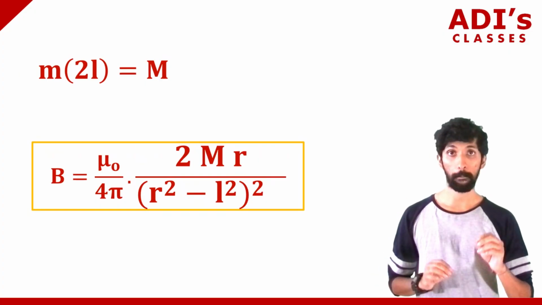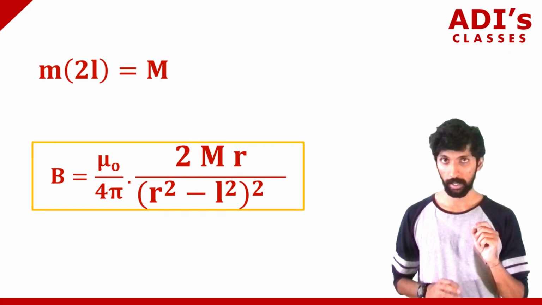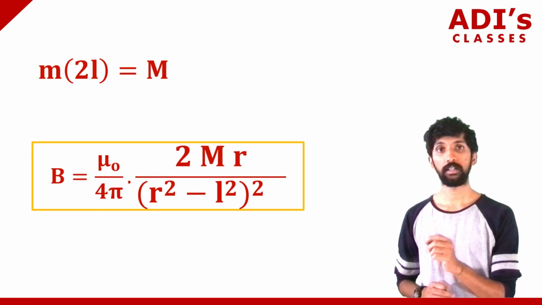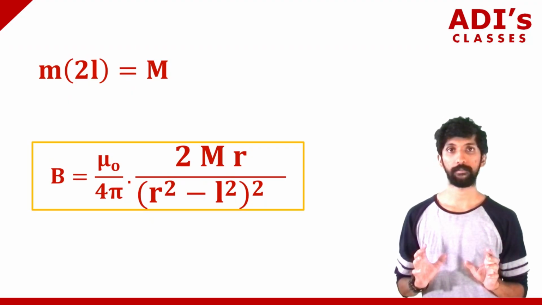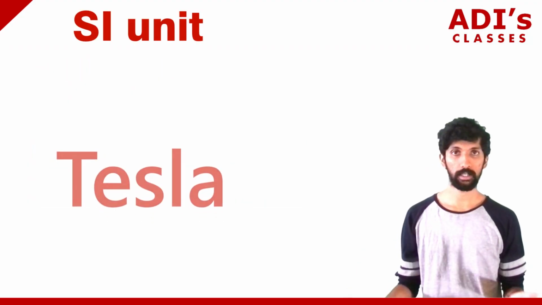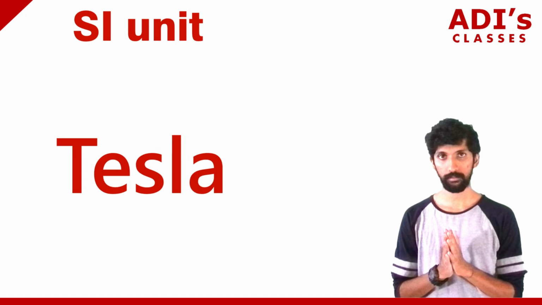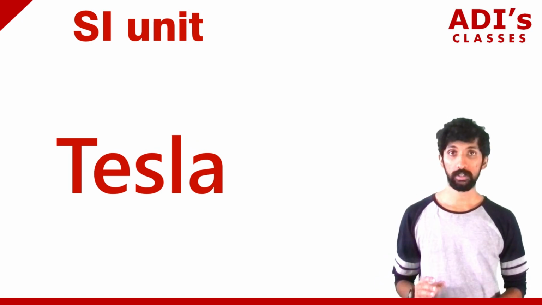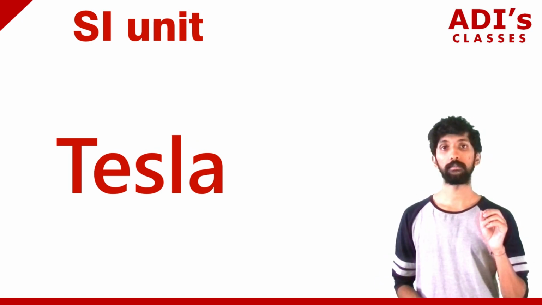This is the magnitude of the magnetic field at a point on the axial line of a magnet. Obviously the SI unit is Tesla. Now go through this derivation again, because this derivation is quite important from the board exam perspective.